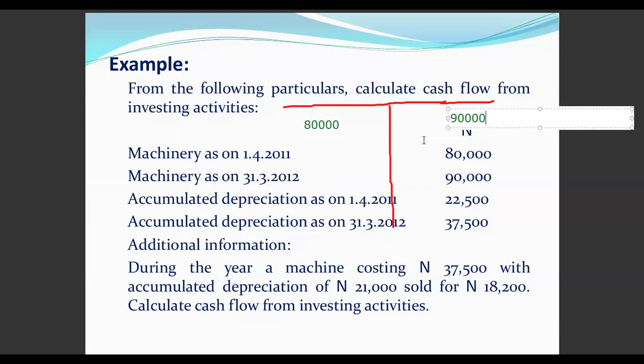Now depreciation is negative. So depreciation always carries a credit balance. So it is 22,500 and its closing balance will be on the credit side. So it is 37,500. Now this was about the machinery. If I calculate the balances here, it is something.